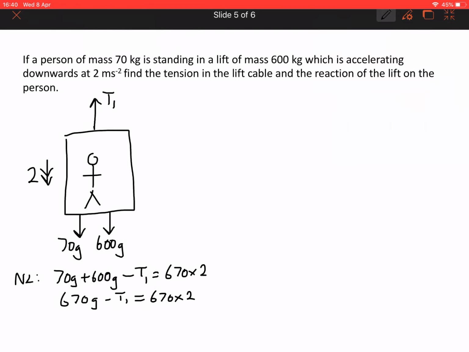So 670g take 670 times 2 is T1. If we plug that into the calculator, that comes out to be 5226 newtons. So we're going to again round it to two significant figures, which is 5,200 newtons.